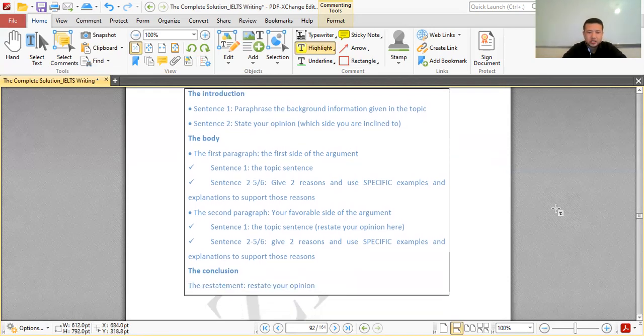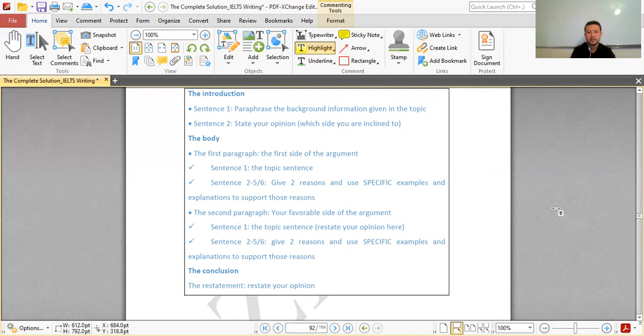The next paragraph is the body paragraph. In the first body paragraph, you have to give the first side of the argument, which means the side you agree with, but less. You support it less. Firstly give a topic sentence, next explain, and support with examples, giving explanations to support these reasons.